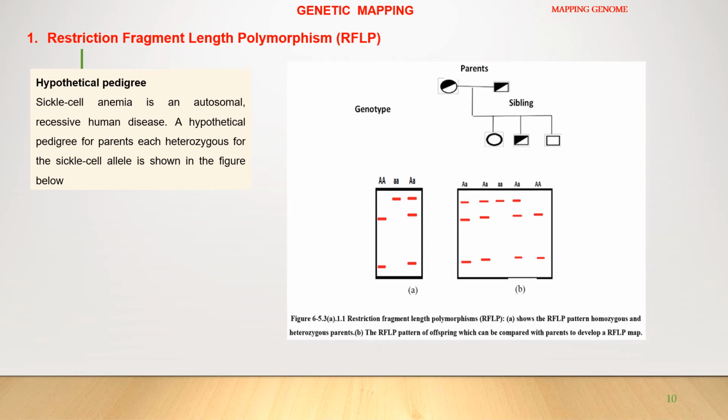Since RFLP is a codominant marker, we can distinguish between homozygotes and heterozygote genotypes. Now, here the restriction site is located near this particular gene.